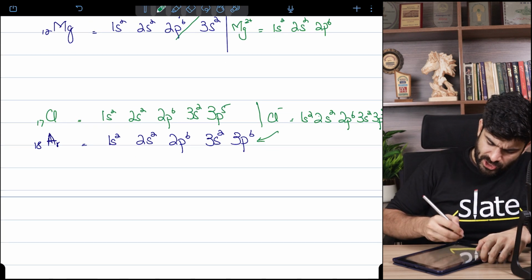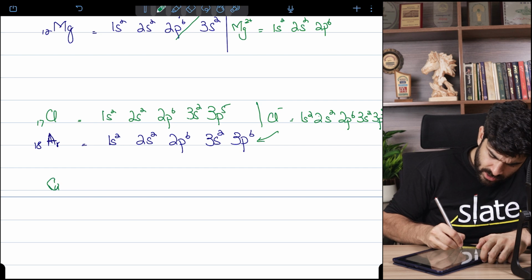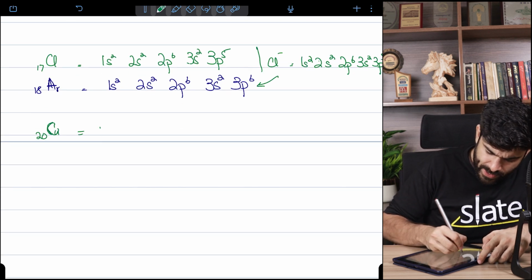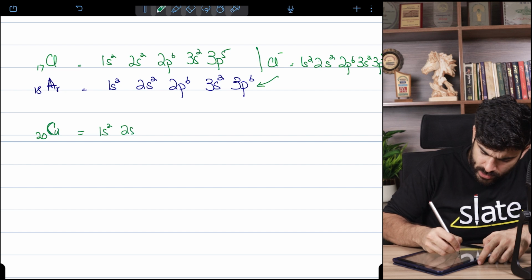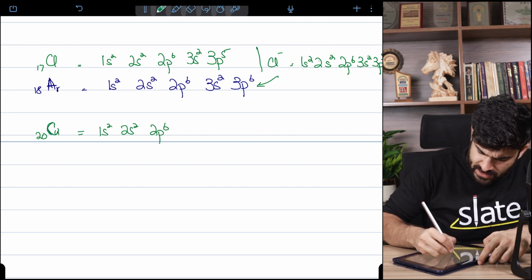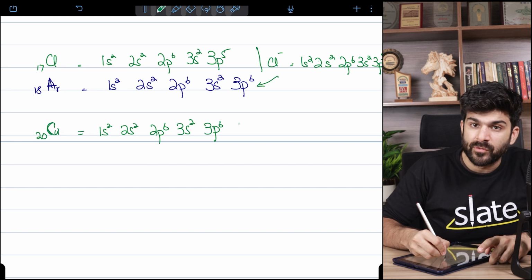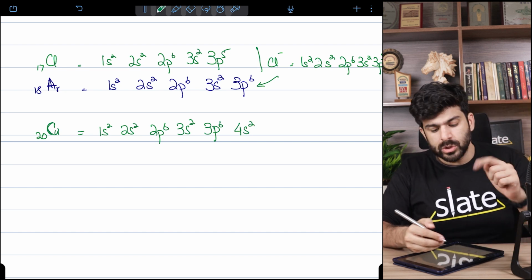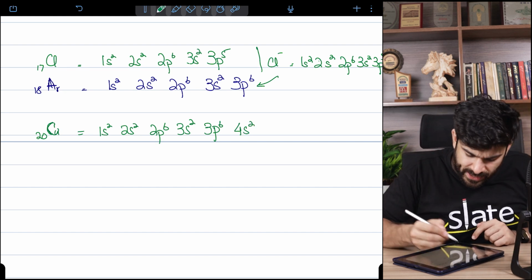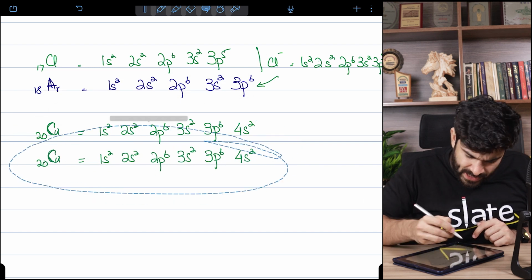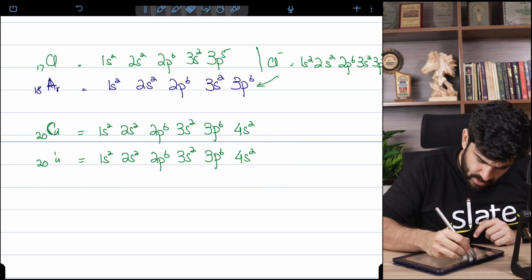Even if we talk about calcium, which is after argon, that again would make 1s2, 2s2, 2p6, 3s2, 3p6, and the last one will be 4s2. But if we lose these two electrons and we make it a calcium ion, what would be the electronic configuration of the calcium ion?